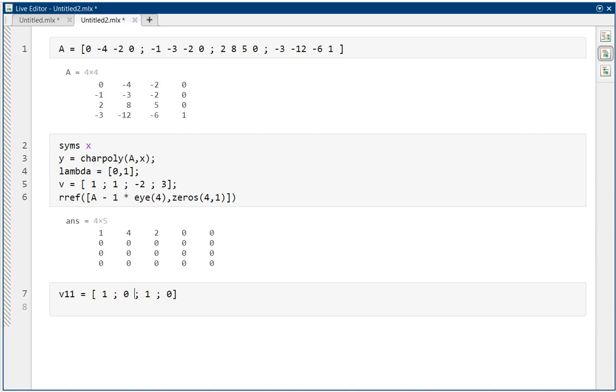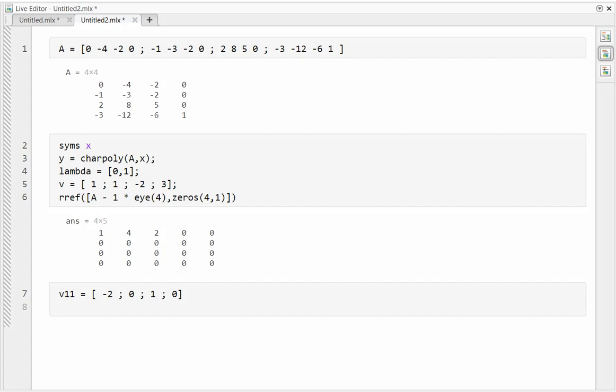So when I subtract, I'll get the minus 2. Let me show that one. What I'm doing is setting this one equal to 0. Then I have x sub 1 equals minus 2 times x sub 3. And remember this one was already 0. We're setting it equal to 0, but it's already 0.